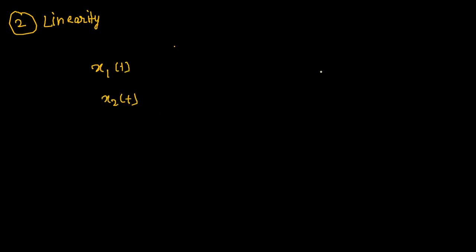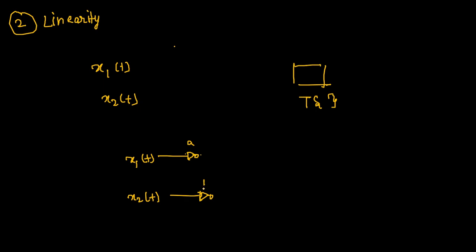And you have a particular system that performs the operation T on the given signal. So let's say we are multiplying x1 of t with a, and we are multiplying x2 of t with b. These are just some variables that we are taking. It's like amplitude scaling the particular signal.